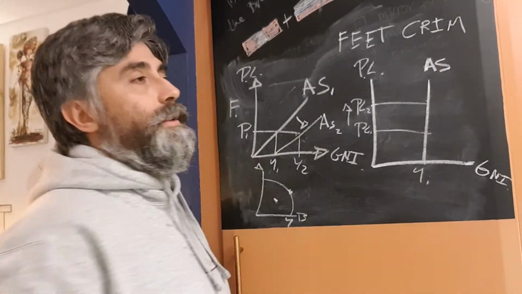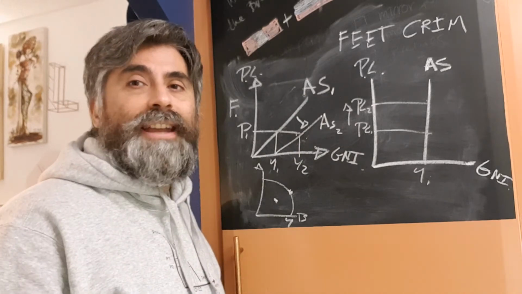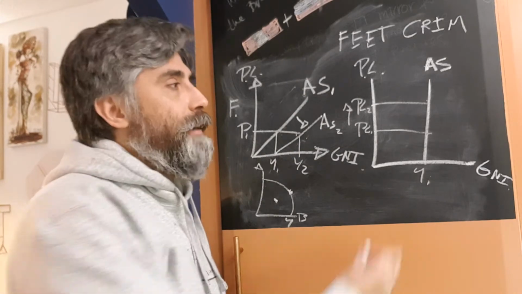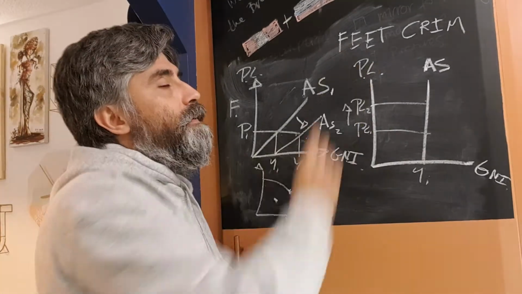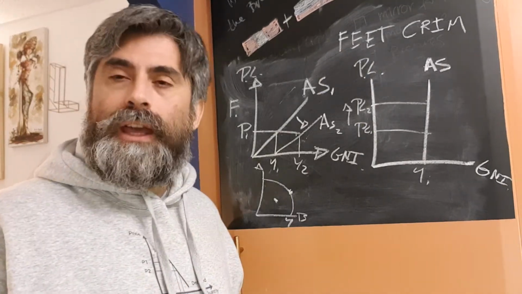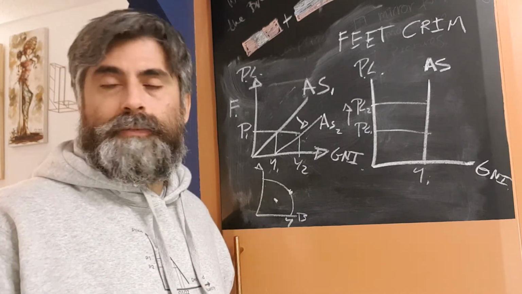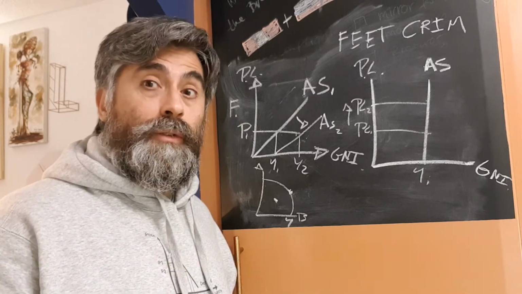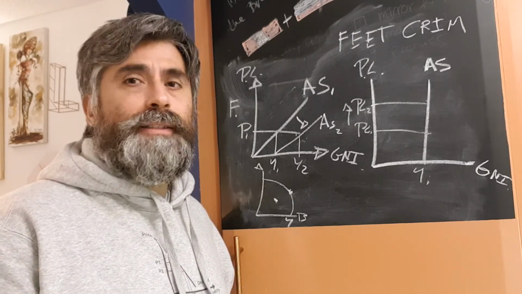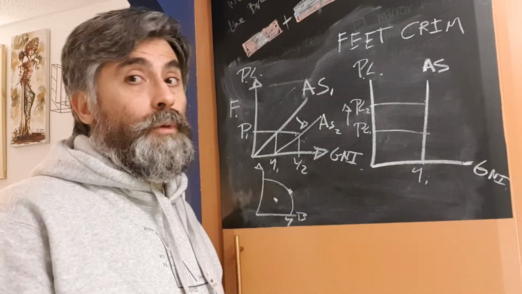F is for flexibility of labor, just the same as before. Allowing people to relocate will make it easier and can push out the long-run aggregate supply curve. E for education, so providing education, training, development that could make the economy more productive, and that's what's been happening throughout the world over the last 50 years by making primary education compulsory, by subsidizing education, and building schools in remote locations.